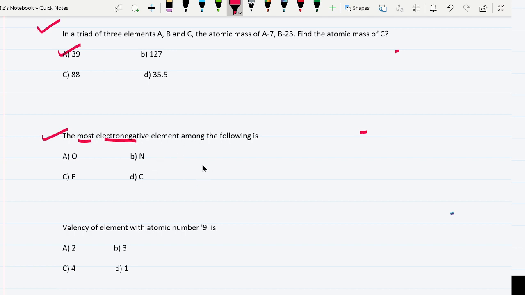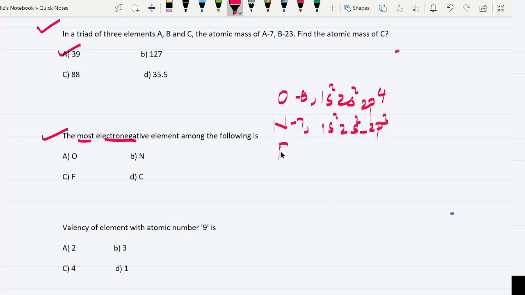Again, writing the electronic configuration will help you in finding the size. Atomic number of oxygen is 8, so we'll write the configuration here, 2p4. Then nitrogen with the atomic number 7. Children, you all must know the elements with their atomic numbers, minimum up to 30. Yes, 2p3.